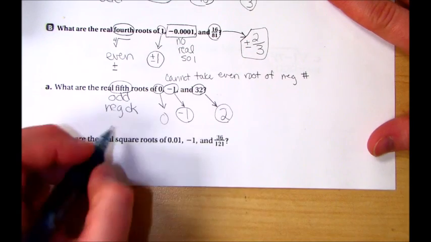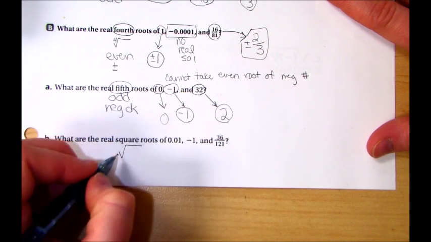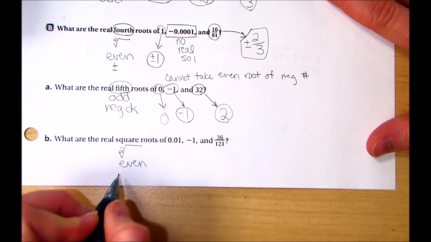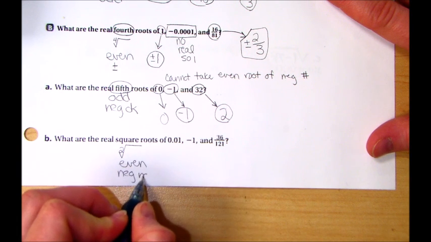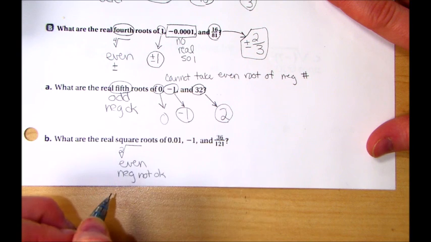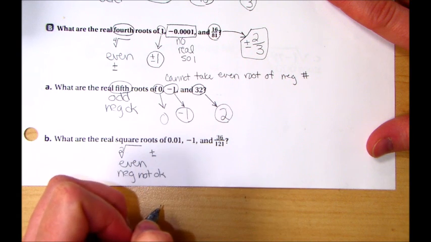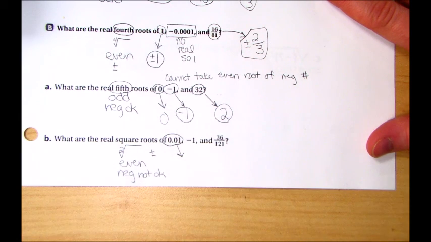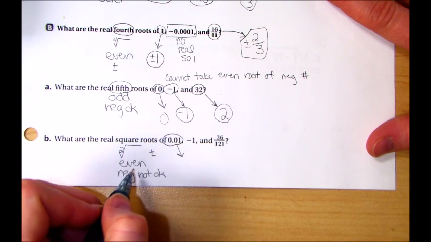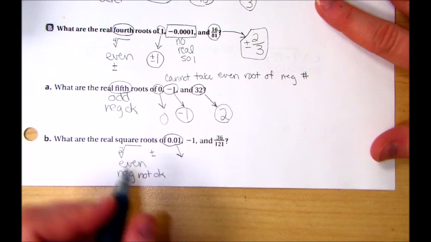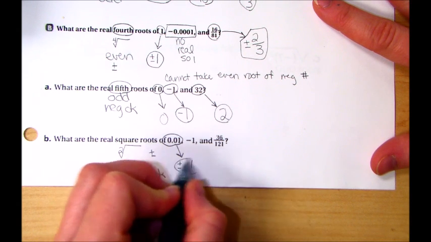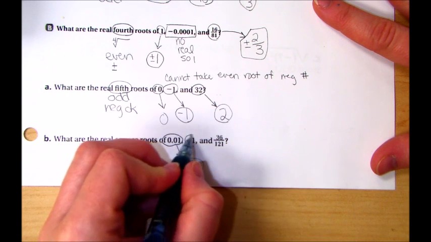Part B, square roots. Square roots, there's an implied 2, so we have an even. Negatives are not okay. And I need to make sure I use plus and minus in my answers. So if I have 0.01, there's 2 decimals. I can explain decimals more tomorrow, but the square root of 0.01 is just 0.1 with a plus and a minus. This is a negative.